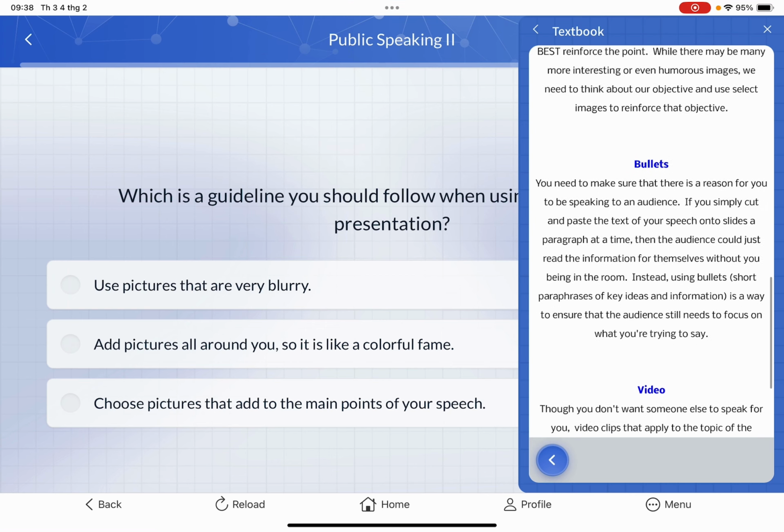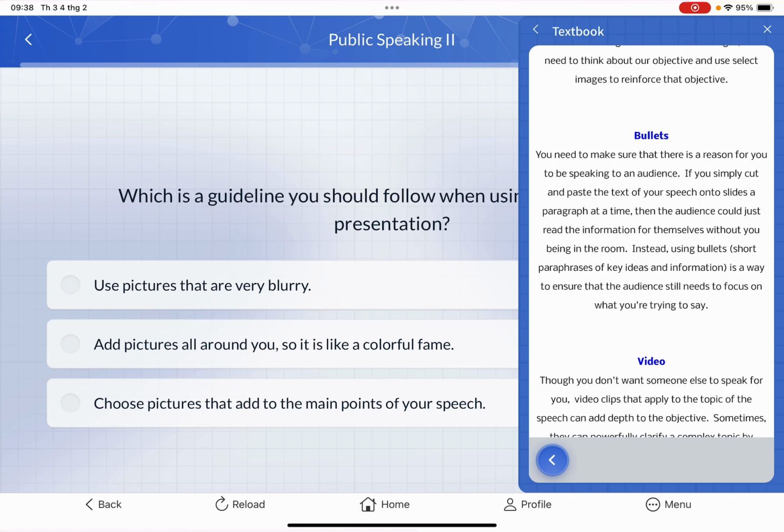Next up, we can use bullets. You need to make sure that there's a reason for you to be speaking to an audience. So if you simply cut and paste the text of your speech onto a slide, a paragraph at a time, then the audience could just read the information for themselves without you being in the room.